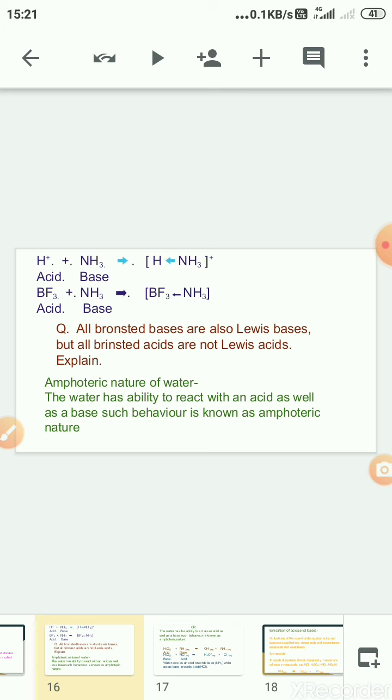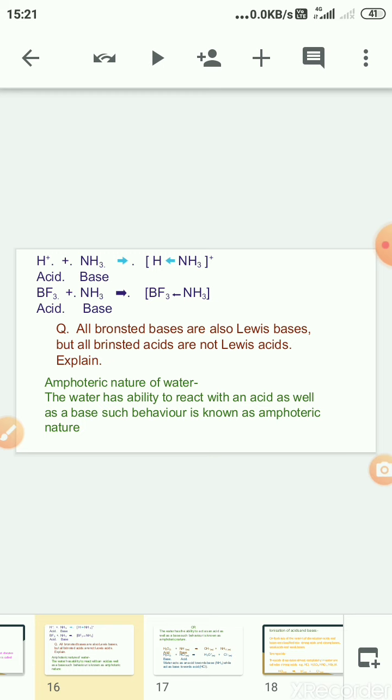In the same way, we are going to apply the concept of amphoteric nature to water. Water has the ability to react with acid as well as base, and such behavior is known as the amphoteric nature of water.